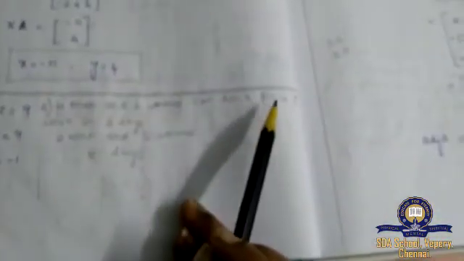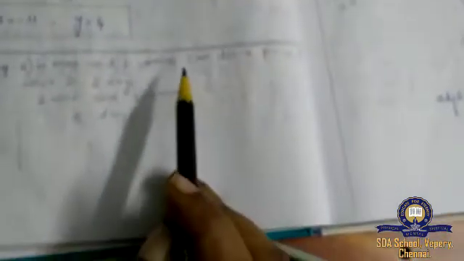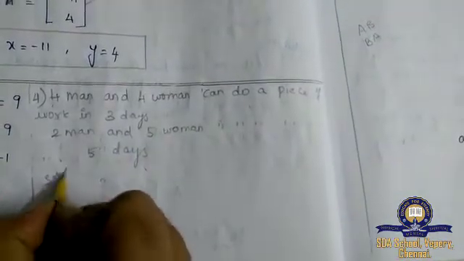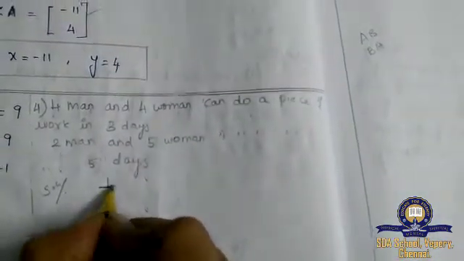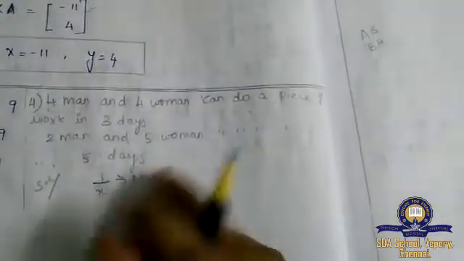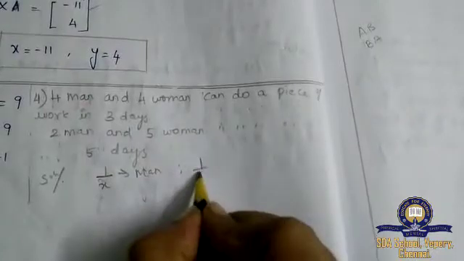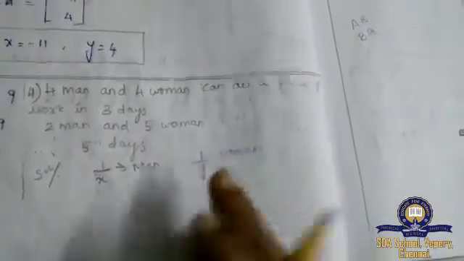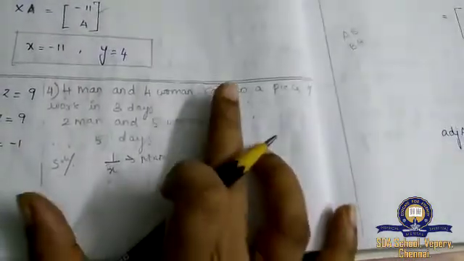Okay, so what they have given is 4 men and 4 women can do a piece of work, right? A piece of work in how many days? 3 days. So I'm going to write, as the solution, 1 by x as 1 man, and 1 by y as 1 woman. 1 man and 1 woman, because it is a piece of work, right?